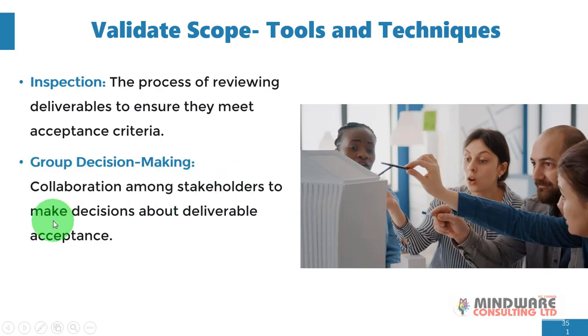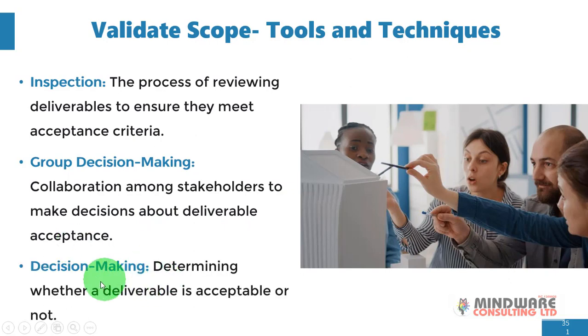Group decision making, collaboration among stakeholders to make decisions about deliverable acceptance. And then finally you have decision making, which includes determining whether a deliverable is acceptable or not.